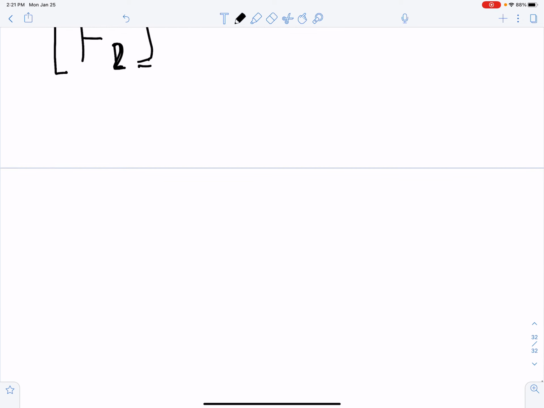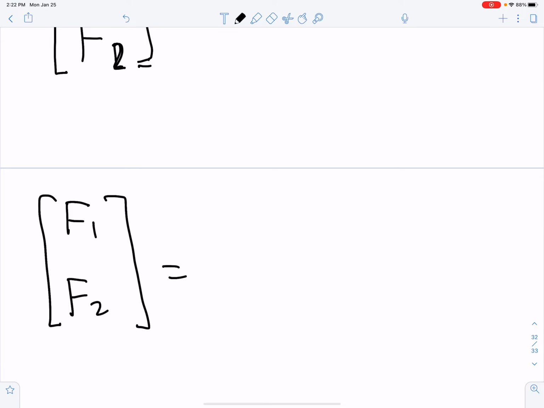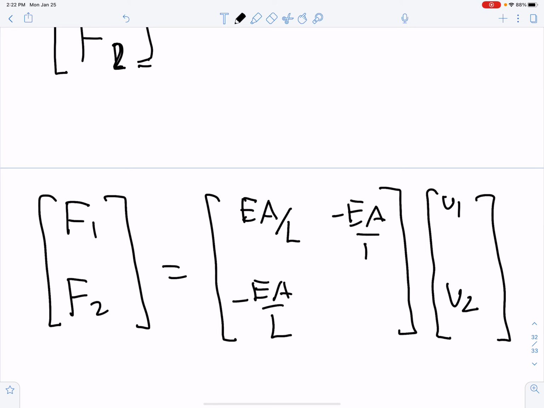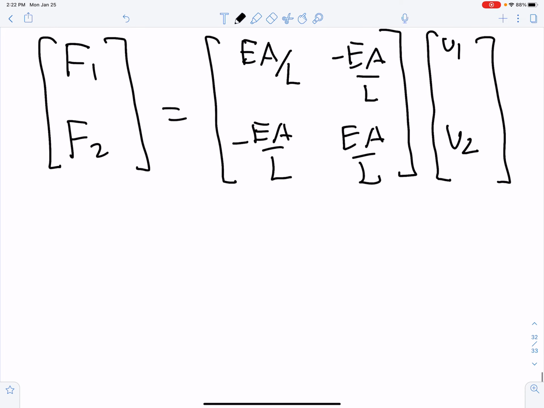The way I find F1 and F2 is I take U1 and U2 and multiply by the matrix composed of the column vectors computed before: EA over L, minus EA over L, minus EA over L, EA over L.